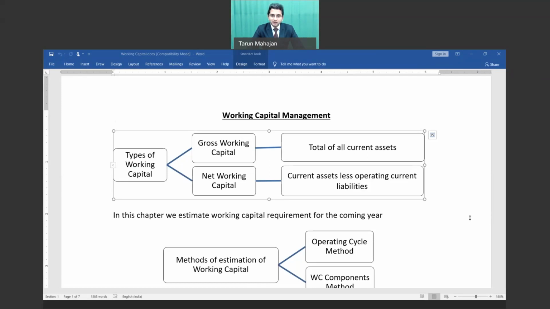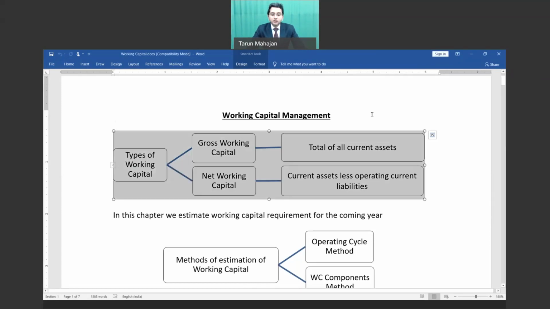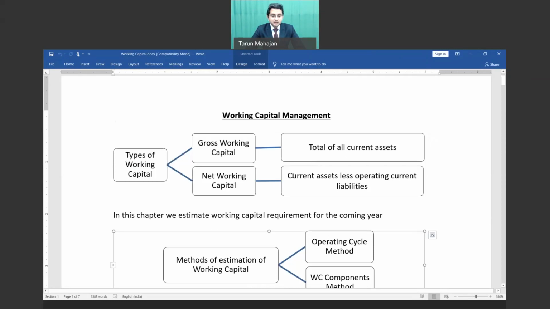But in working capital management chapter, when I say current liability, it means only operating current liability and not the financing current liabilities. Look, here it is written. It is current assets less operating current liabilities.